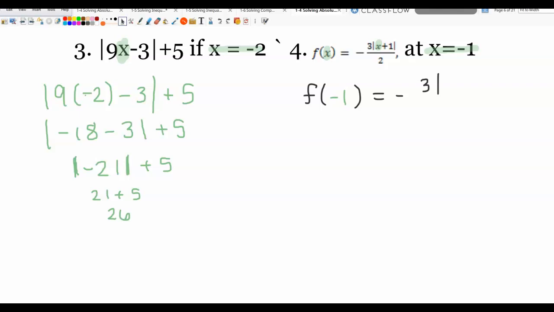Replace the x with -1, all over 2. So you get -3. -1 plus 1 is 0. The absolute value of 0 is 0. 3 times 0 is 0. 0 divided by 2 is 0.